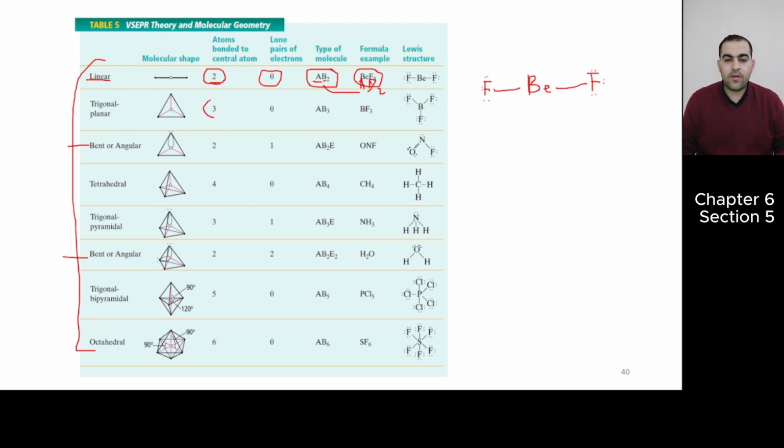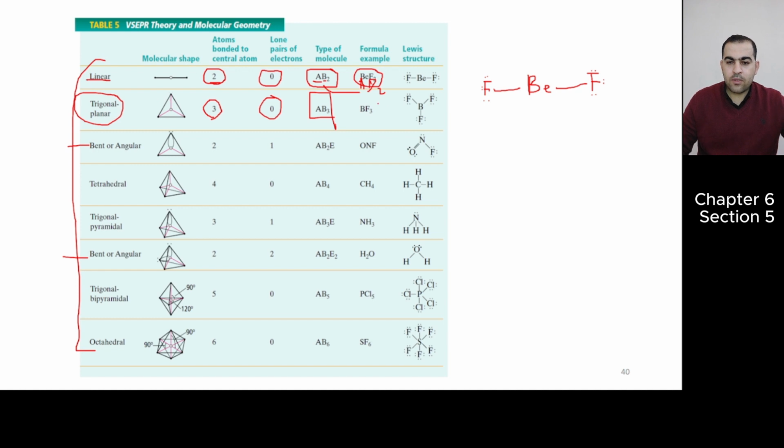Trigonal planar: 3 atoms are bonded to the central atom, 0 lone pairs. And AB3, this is the type, you must know it. Guys, from the type you understand 3 atoms are bonded to the central atom. A is the central atom. So when you know trigonal planar, you must memorize it like that: trigonal planar means AB3, 3 atoms bond to the central atom, and the central atom doesn't have any lone pairs.